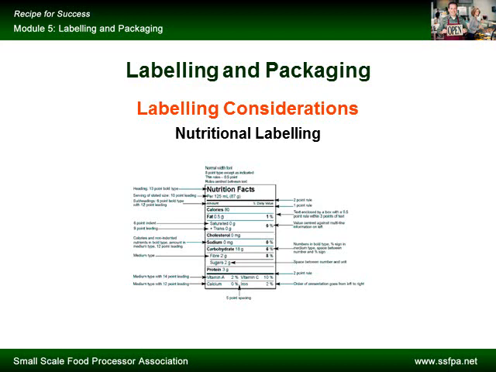In the United States, nutritional labeling is mandatory with some exceptions. In Canada, nutritional labeling is a core requirement of the CFIA. There are some exceptions for nutritional labeling, and those are listed on the CFIA website in the Nutritional Toolkit.